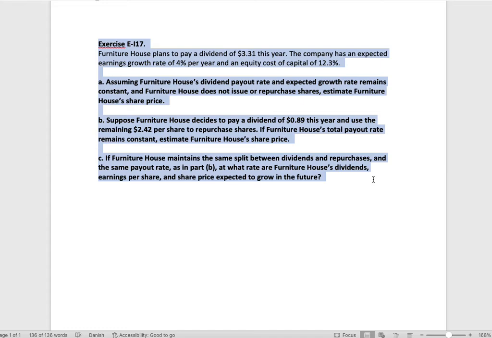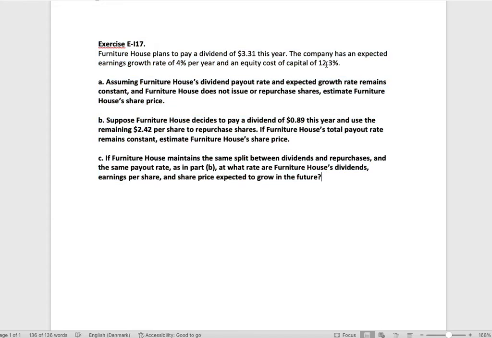Therefore, companies in a real world situation would have to make themselves as transparent as possible by having a payout policy, and these changes of actions should be made far out in the future. But yeah, let's get back to this assignment.